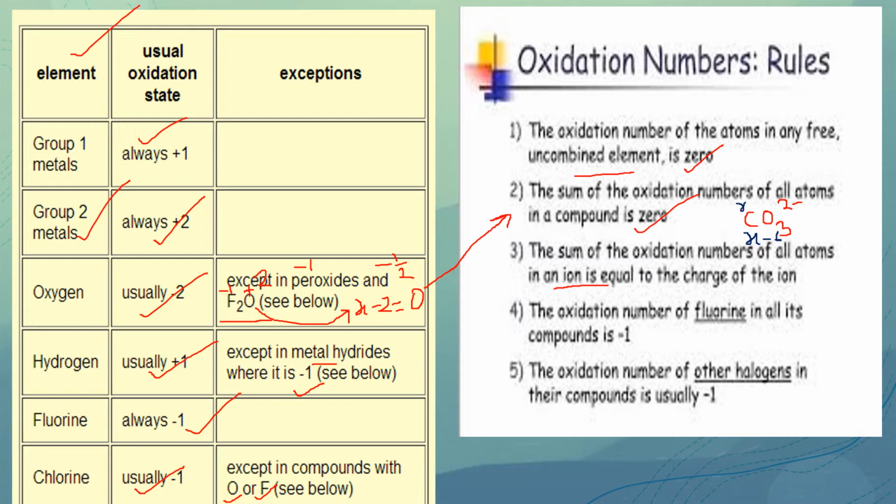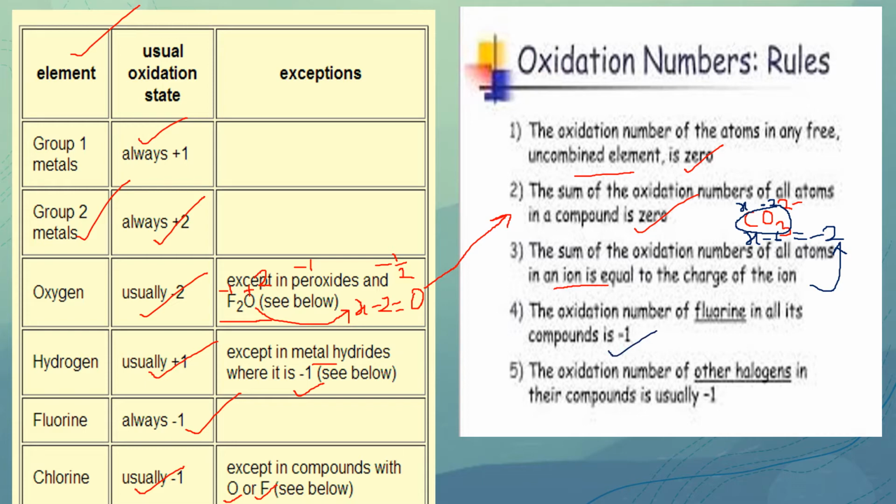I have written total -6 for 3 oxygens, and this will be equal to -2. Why? Because the whole ion has -2 charge on it. So this is the concept. And here X is going to be +4 then.